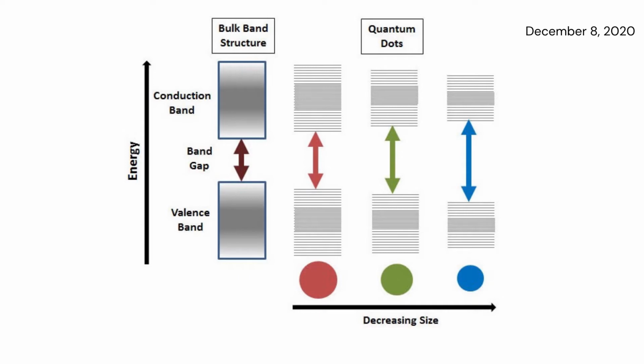The valence band is the lowest energy band, which electrons have occupied, while the conduction band is the highest energy band and is empty, and there is a gap between them which is called the energy gap, or band gap.